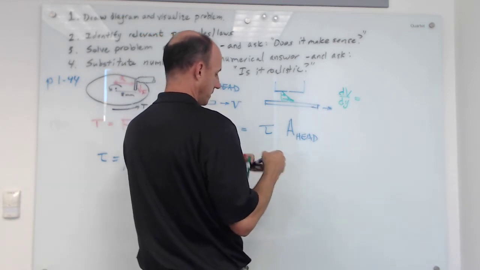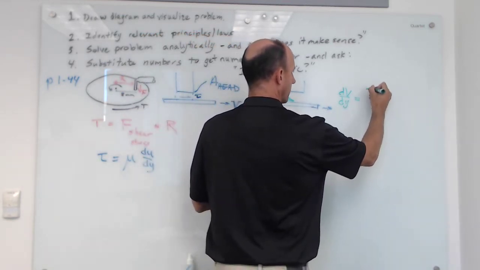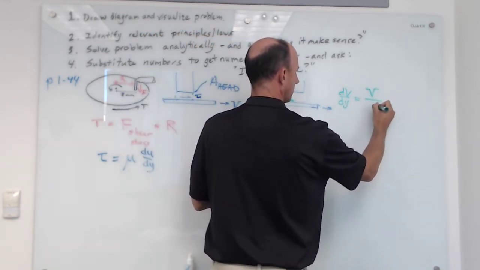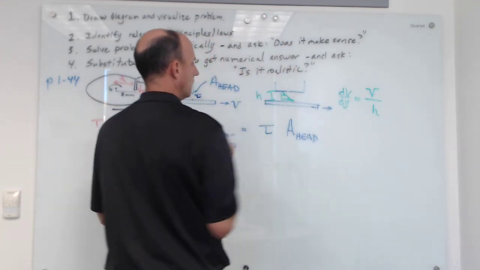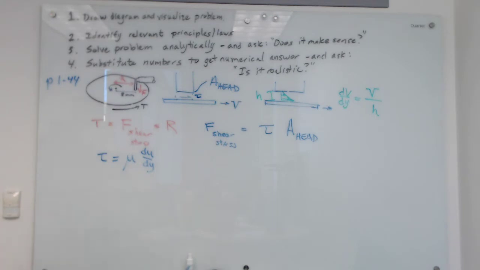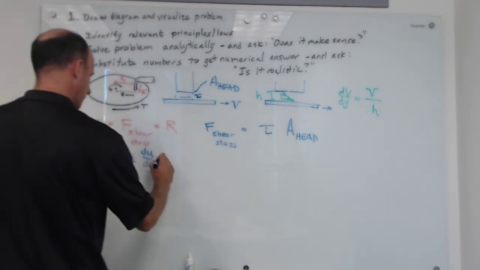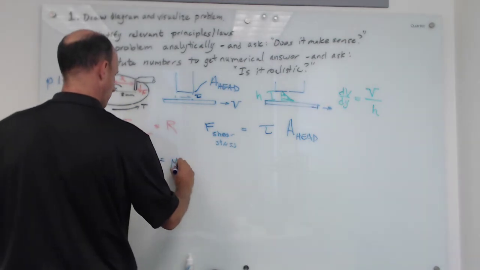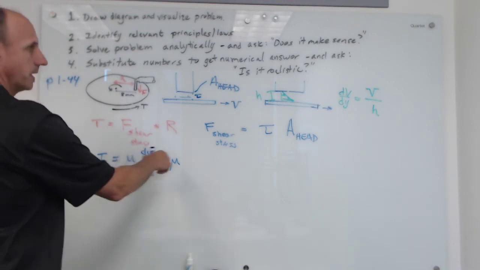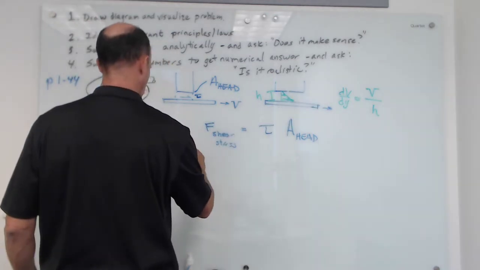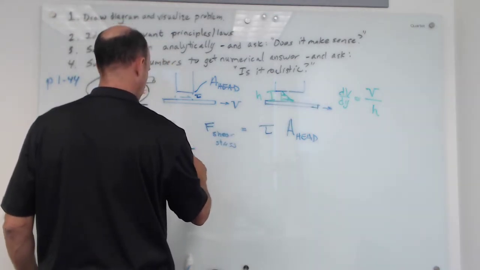And so that will just be equal to the velocity of the disk divided by this thickness here. I'll call that h, okay? So now I can come down here and say that the shear stress must be equal to the dynamic viscosity of the fluid multiplied by v over h.